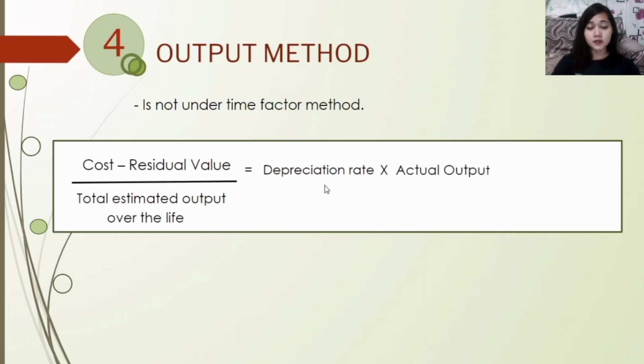Then we multiply it by the actual output of the year being asked. The total estimated output is for the whole life of the PPE, while the actual output is only for the year asked. By that, we get the depreciation expense.